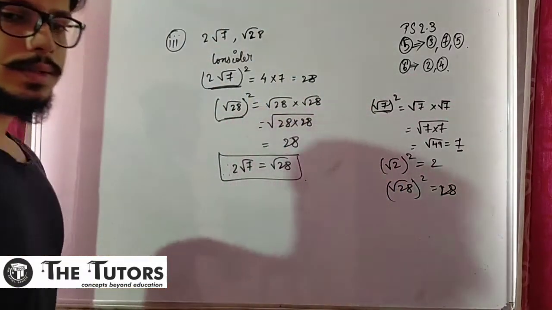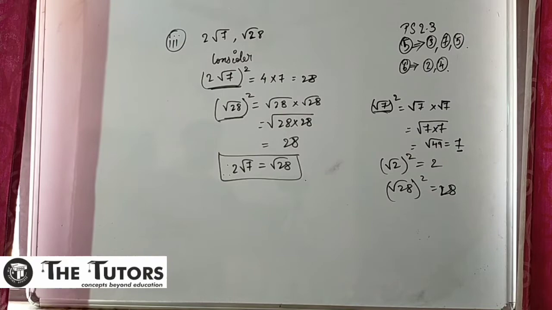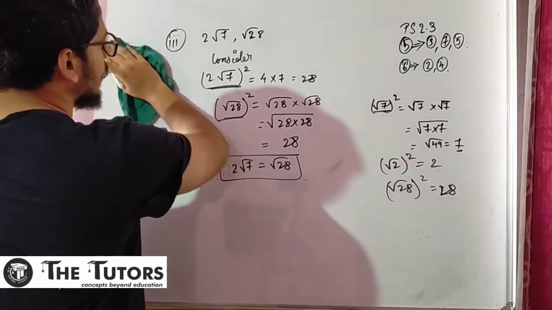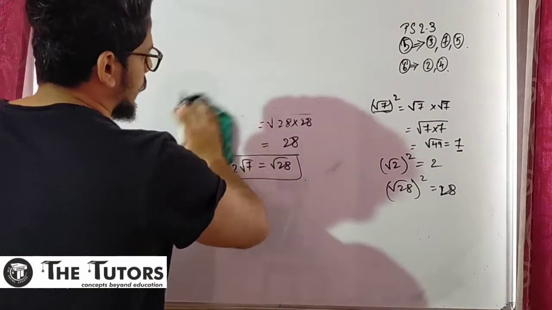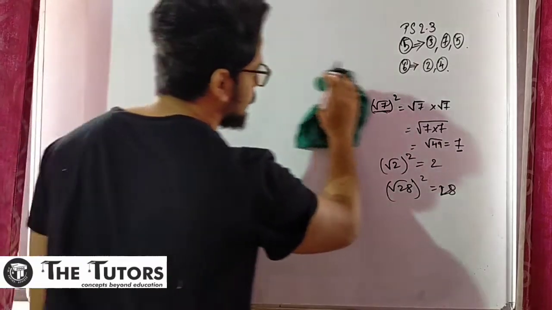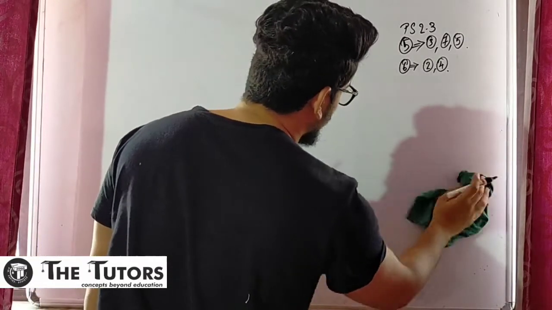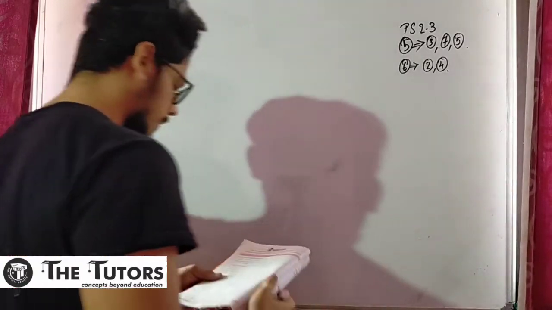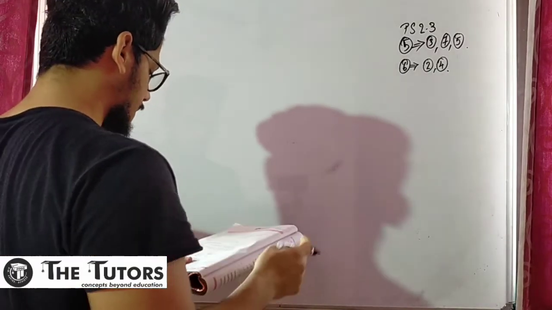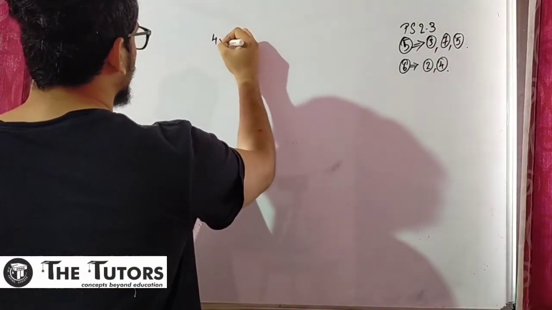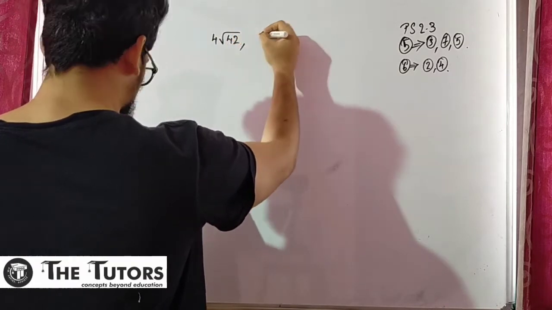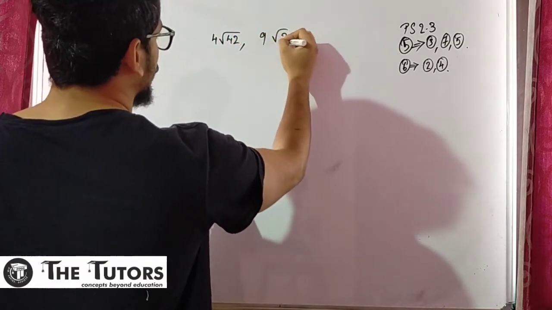Take a good look at this. Next sum is the 5th one. The 5th question is 4 root 42, comma, 9 root 2.